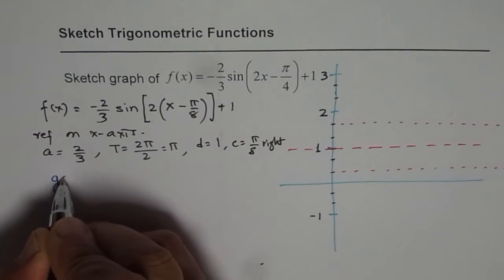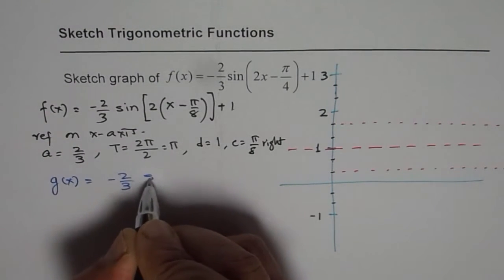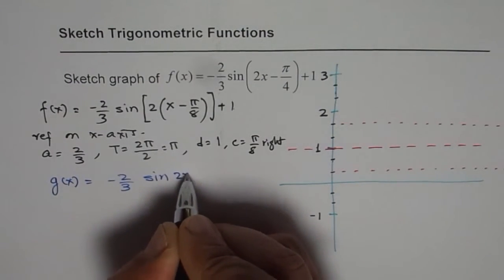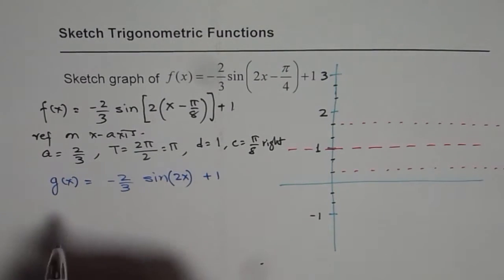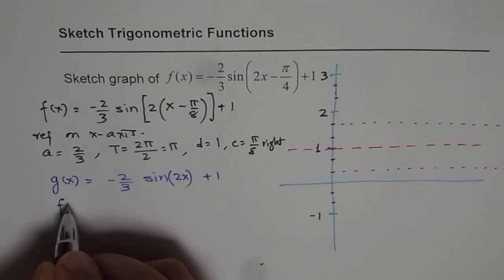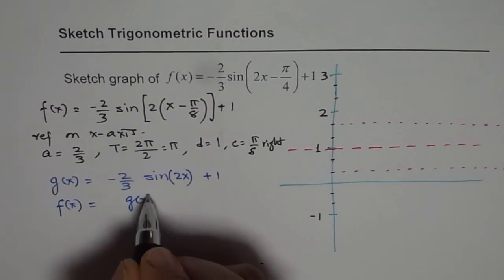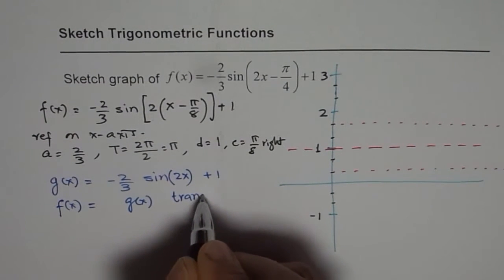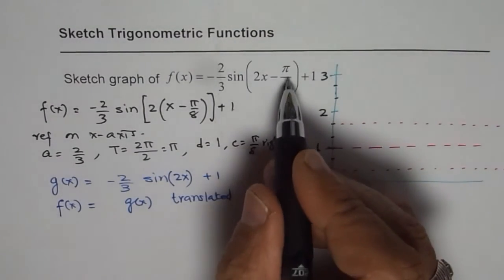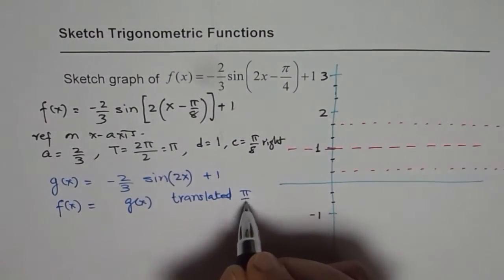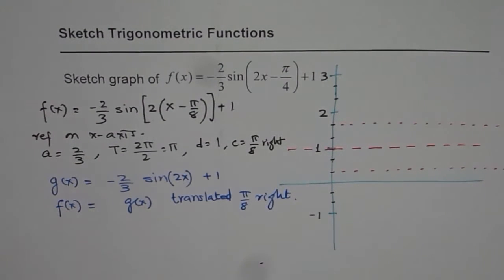So I'll sketch a function g of x which will be minus 2 over 3 sine of 2x plus 1. Okay, so this is my function, and from here I will sketch f of x, which will be g of x translated pi by 8, right? Do you understand? So this is my strategy to sketch.